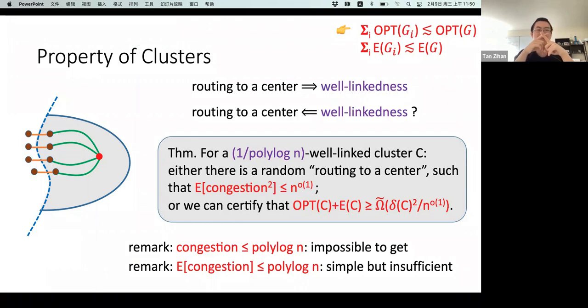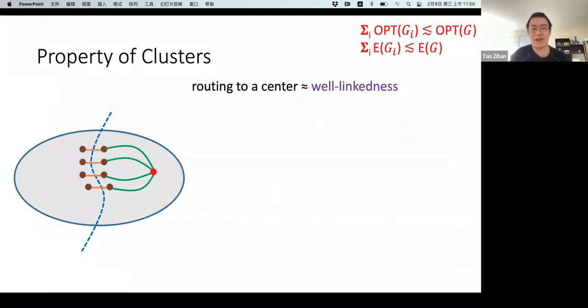We have to bound the congestion squared, because A squared plus B squared can bound AB, but A and B cannot bound AB. So that is a very quick intuition, hopefully it makes sense. So expected congestion is not enough, and that's why we have to go to expected congestion squared. The main idea of this technical theorem is that routing to a center is equivalent.